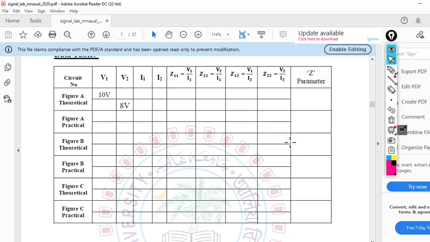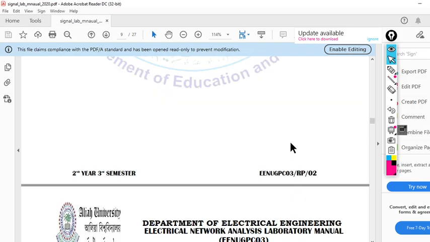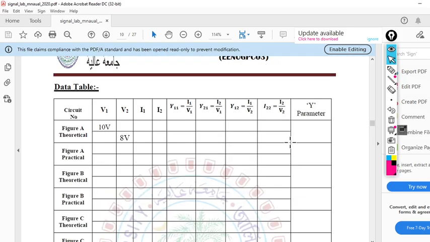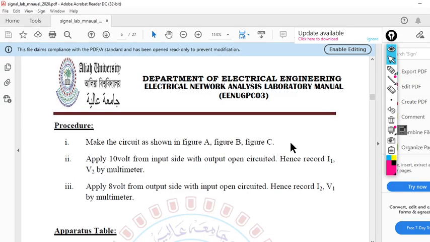If you want, you can draw this table before coming to this lab. This data table, that means Z, Y. These two you will do it. Okay, one day. So Z and Y, what you have to do?